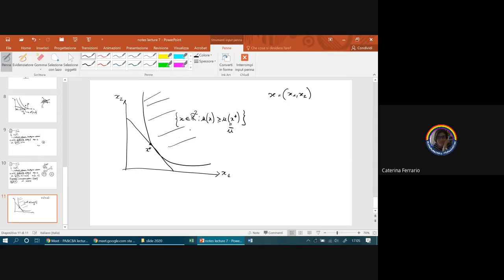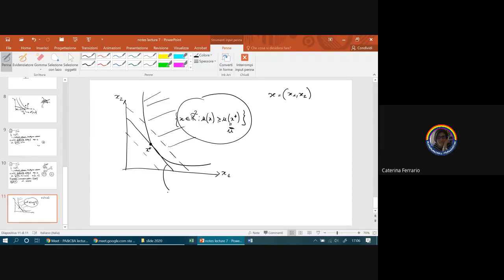So graphically, our X star, the solution, is the point that lies on the lower budget set. So we take this set of all X associated with a utility that is at least U bar. And then we have to take the lowest budget line.